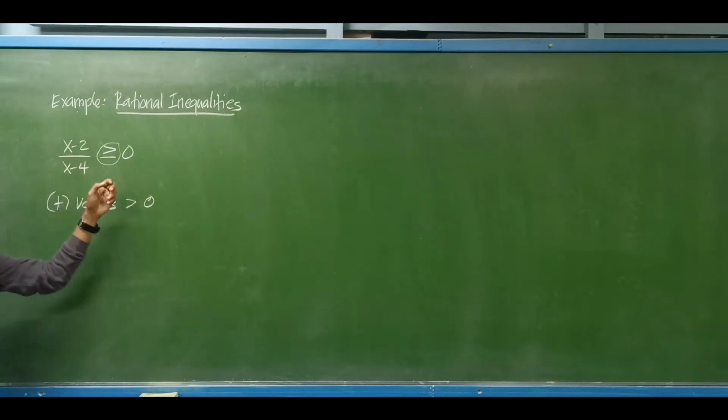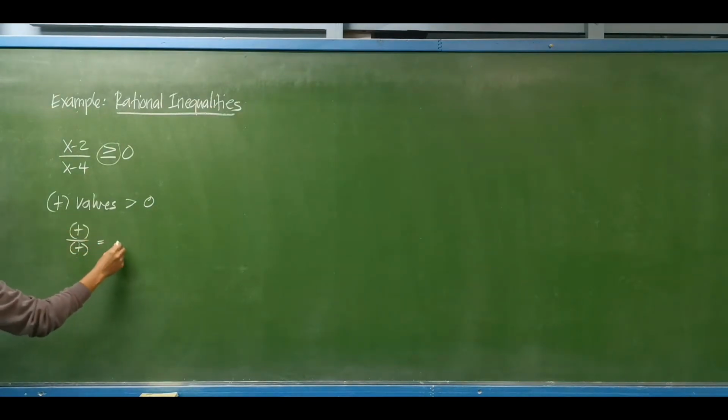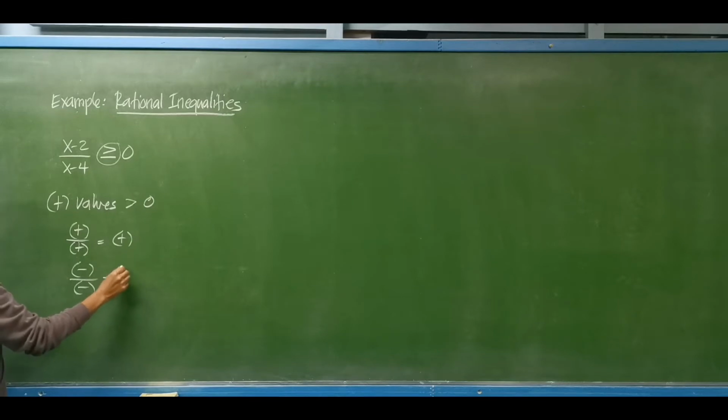So when do we have a positive quotient? A positive divided by a positive is obviously positive. Then a negative divided by a negative is also a positive quotient.